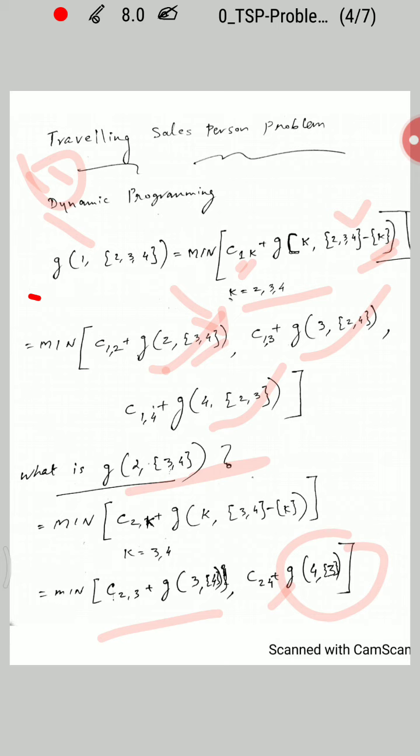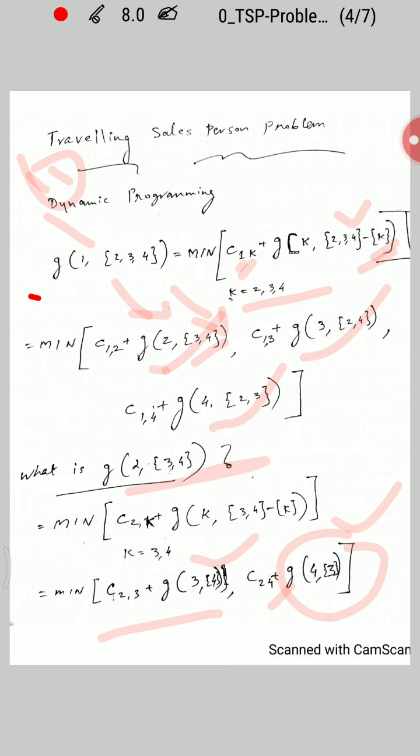What will be the cost? So we have to calculate g(3, {4}) and g(4, {3}). Then only we can put these values here and calculate g(2, {3,4}), then putting the value here and calculate the first equation.